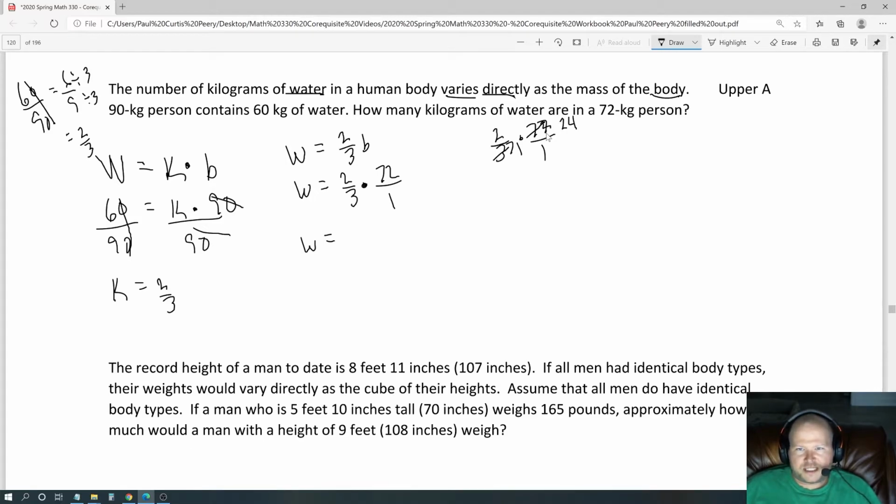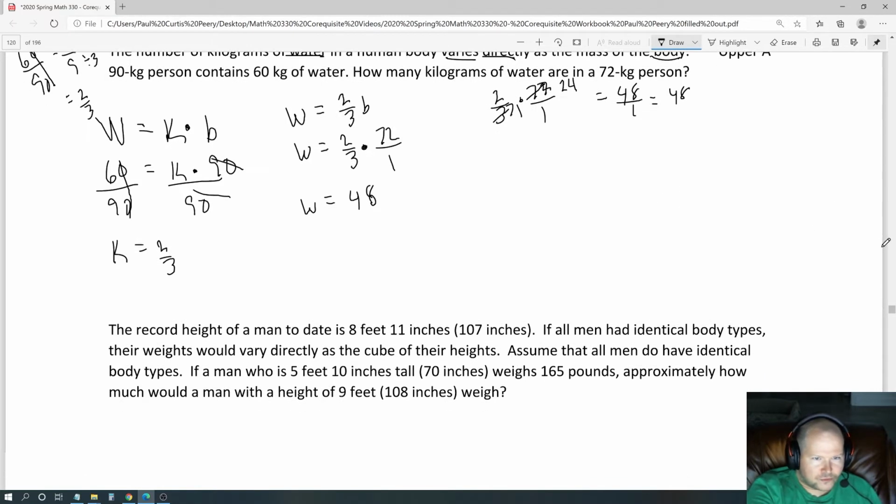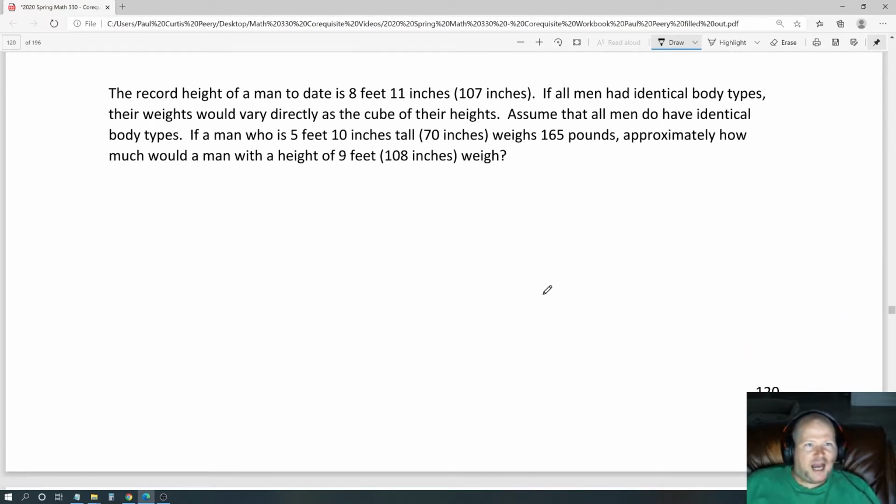And then you would say 2 times 24 is 48. You'd say 1 times 1 is 1, but it just disappears, so it gives you a 48. So we just end up with 48. So how many kilograms of water in a 72 kilogram person? 48.